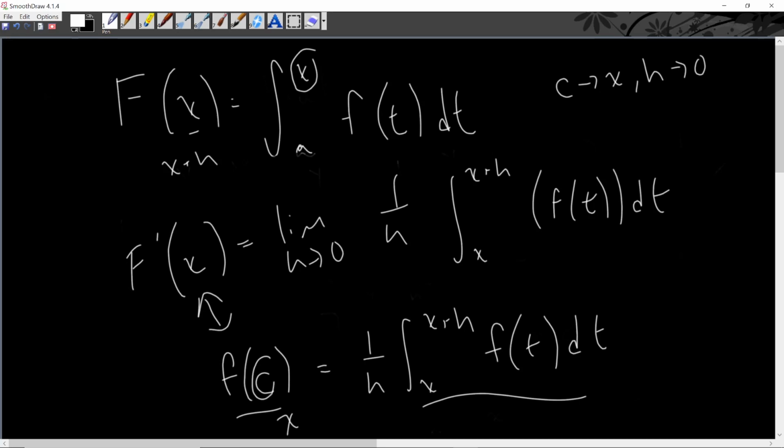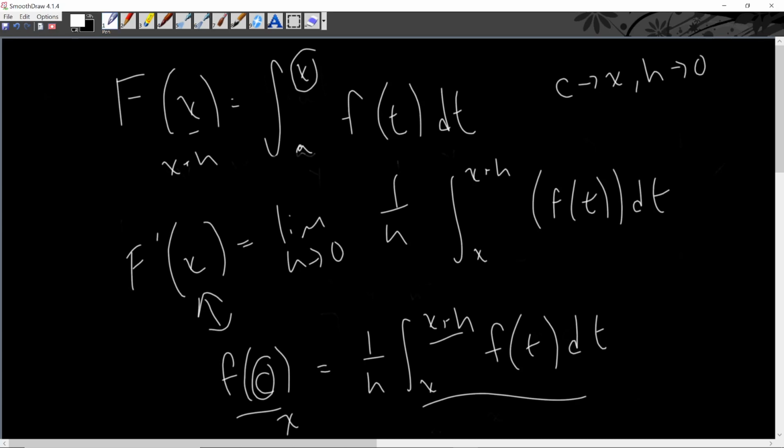If f of c is supposed to be the average value of some point on this definite integral, and you are trying to make this integral as precise as possible, we're going to have to constrict our interval from x to x plus h as much as possible. And whenever we're constricting an interval, I was talking about this in our derivatives video, we want our h to approach 0.